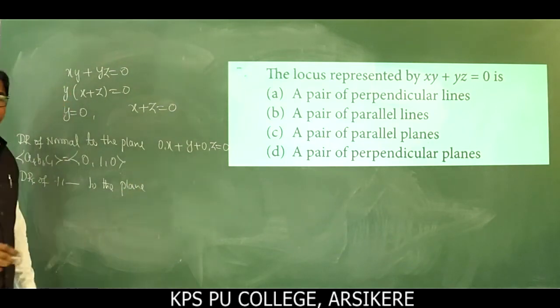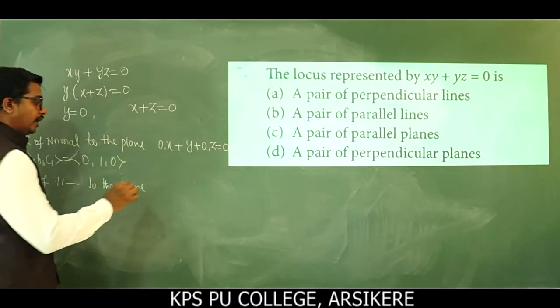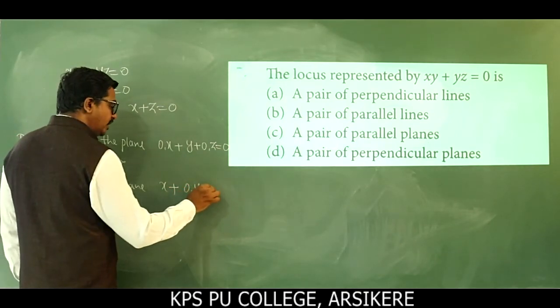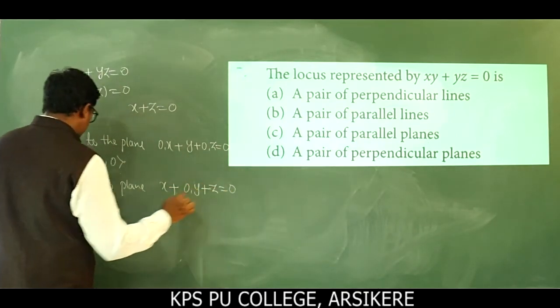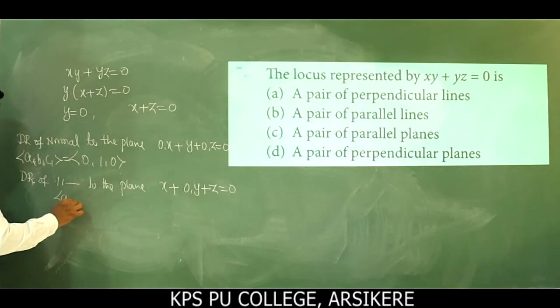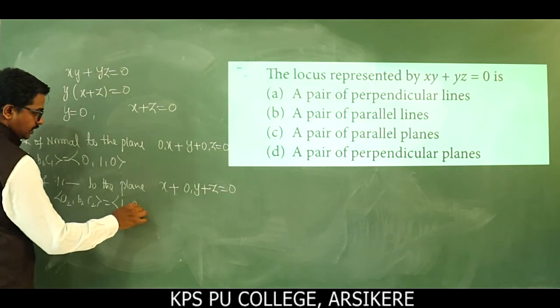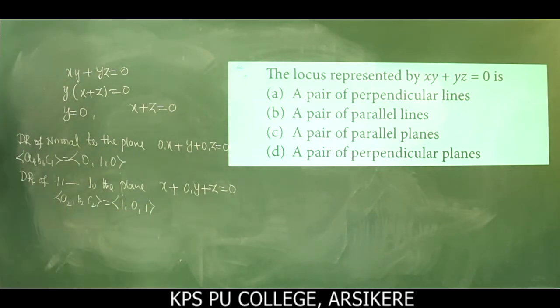Convert the second equation x plus z to general form. That can be written as 1 into x plus 0 into y plus 1 into z is equal to 0. So now A2, B2, C2 is equal to 1, 0, 1.